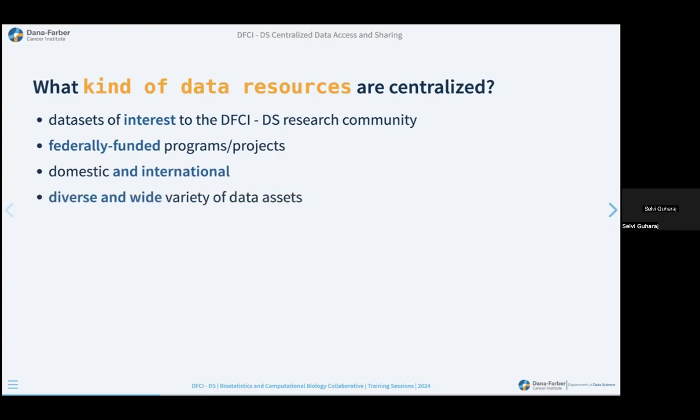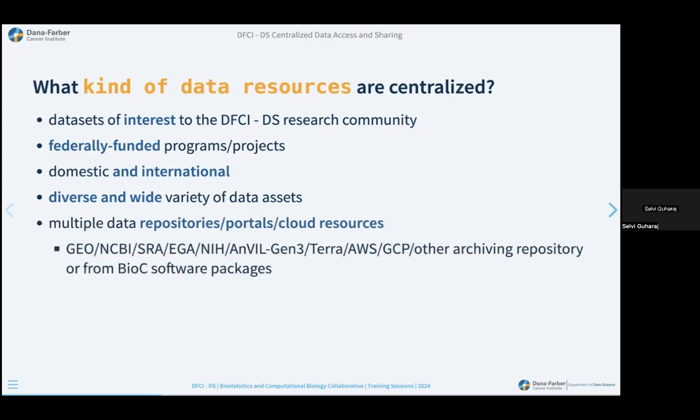Naturally, it opens up to a diverse and wide variety of assets downloaded from multiple repositories, portals, and cloud resources. As you can see, NCBI, AnVIL, Terra, AWS, and several other archiving and distributing repositories. And also uniformly processed data, usually available in the R Bioconductor software packages.